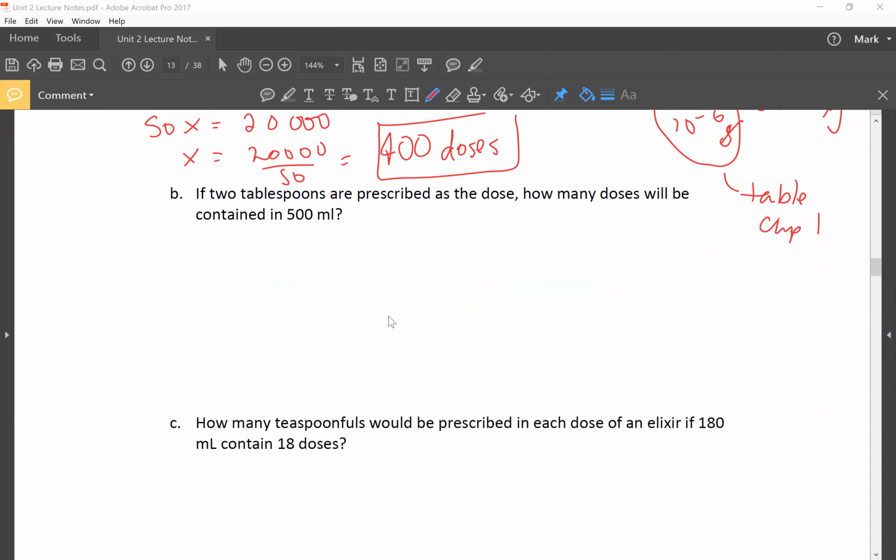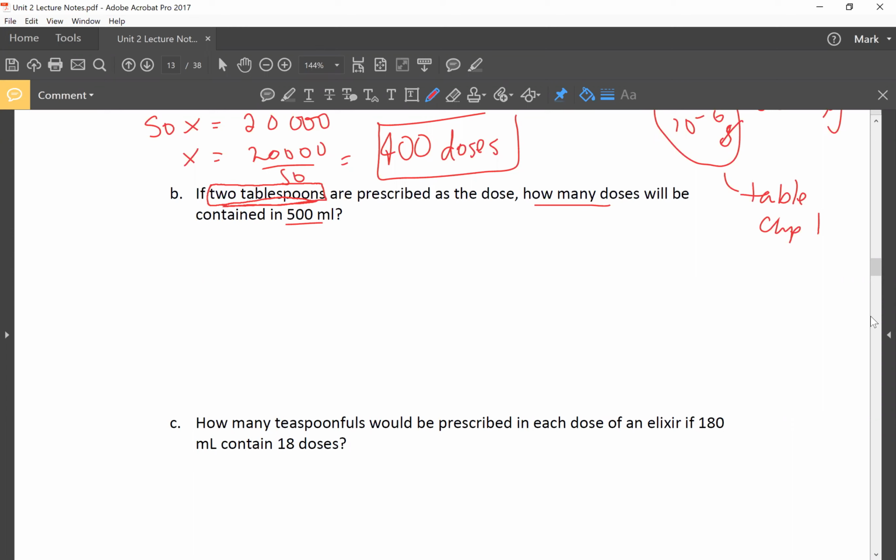So if 2 tablespoons are prescribed as the dose, how many doses will be contained in 500 milliliters? So this is a pretty straightforward setup. The only problem here is to figure out what 1 dose is.